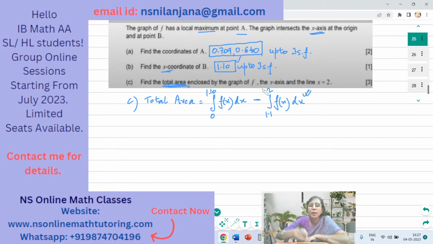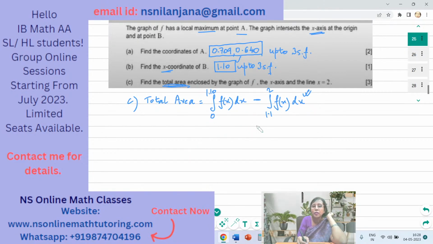So one way is putting the plus sign in between and taking the modulus, the magnitude of the second integration, or else you can do minus, and because minus of minus will be giving you a positive value, this is also valid. These are the two methods that I have said. There's a third method as well, which I'll be using. But in any case, I'll be showing.